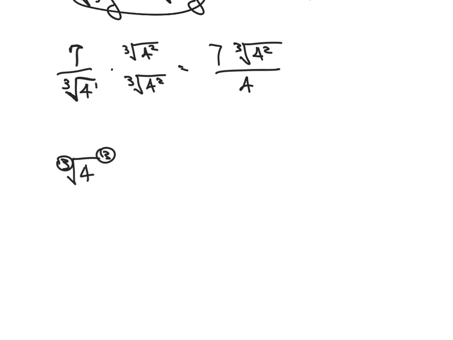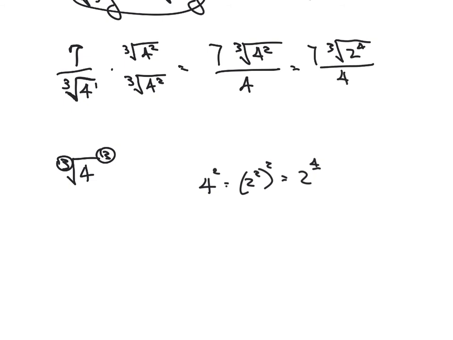Or this 4 to the squared, I'm going to put it down here just to show you, can also be 2 squared, or 2 to the 2 times 2 power, 2 to the 4th power. So that's what I'm going to do, I'm going to put 7 cubed root of 2 to the 4th power there, all over 4.